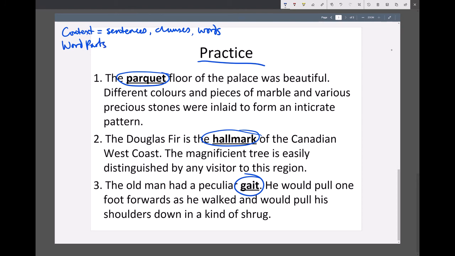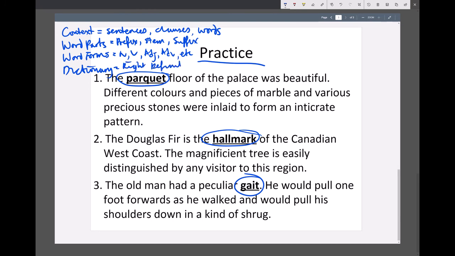If you know the different parts of a word, you can use word forms to know what kind of word you're looking for. So like noun, verb, adjective, adverb, etc. Word parts, you know, you have prefix, the stem, the suffix. Okay, and then you can always check with a dictionary to find the right definition for that sentence. Okay, so let's try one.